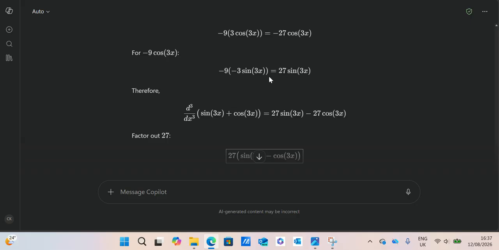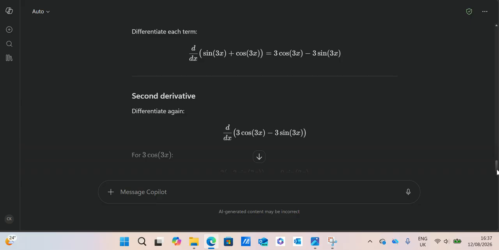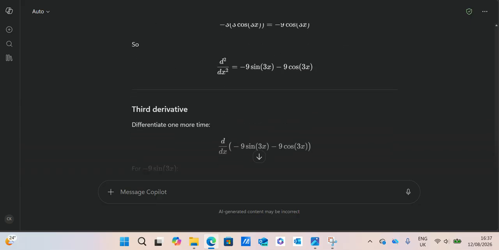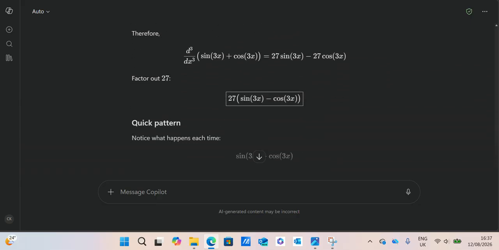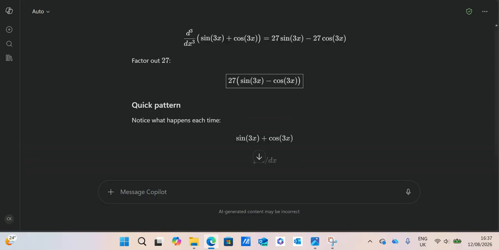Oh, okay. I had minus 27 cos 3x plus 27 sine 3x. He just has them a different way around. I can write mine that way as well. And it's asking me to factor out 27. I hate this. Why am I factoring out 27?